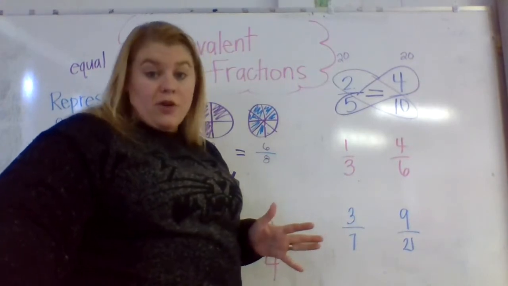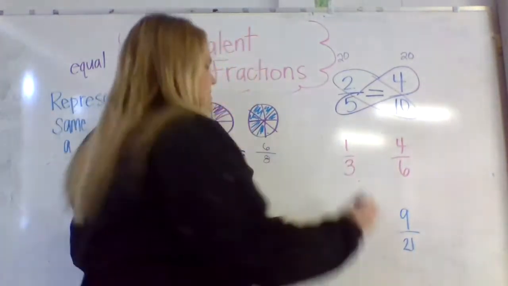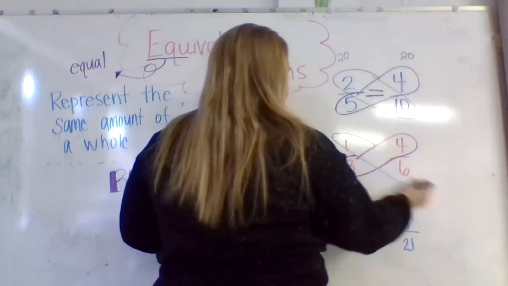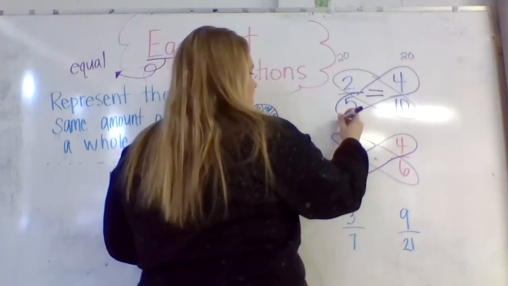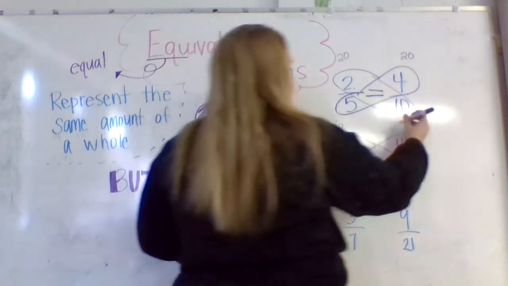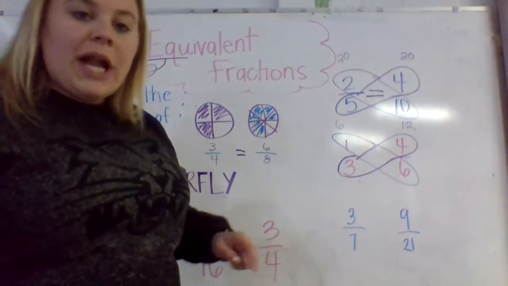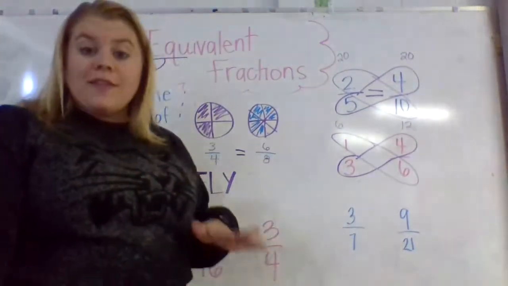It doesn't always happen that they're equivalent though. If we come down here to 1/3 and 4/6, I'm going to draw my butterfly. 1 times 6 is 6. 4 times 3 is 12. When I look at 6 and 12, I know that they are not the same number.